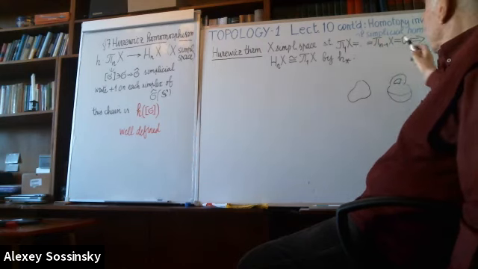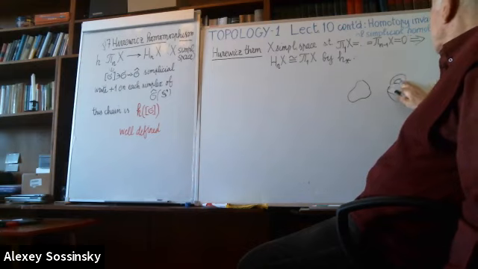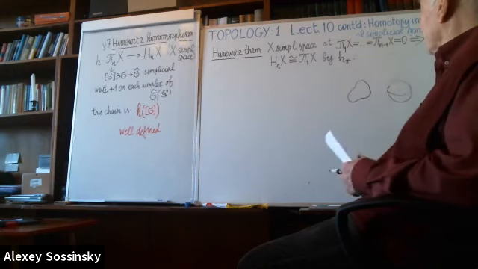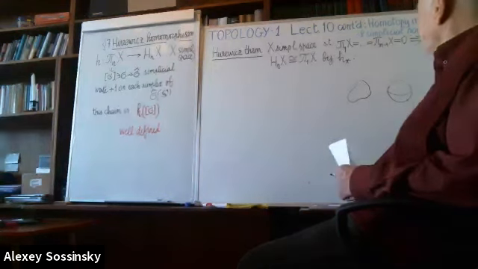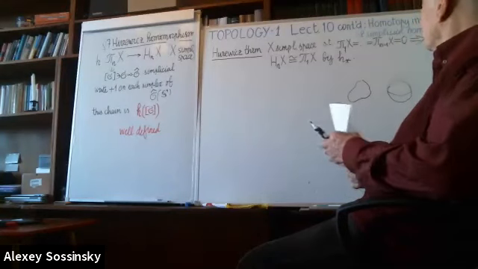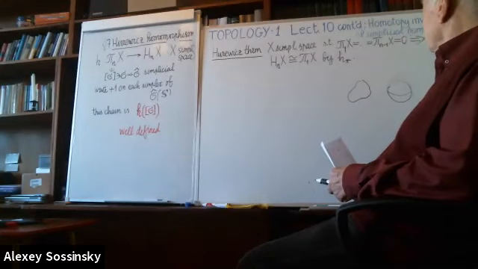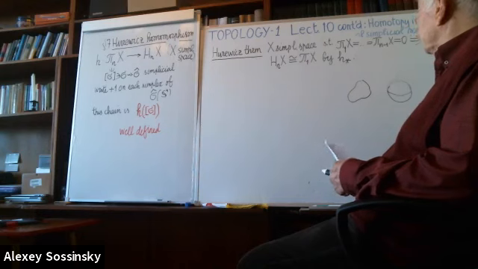Now, this condition does not allow us to have cycles with handles. So the cycles are like spheres.